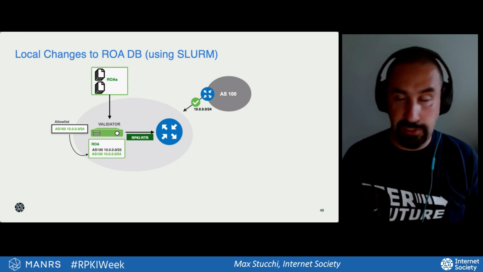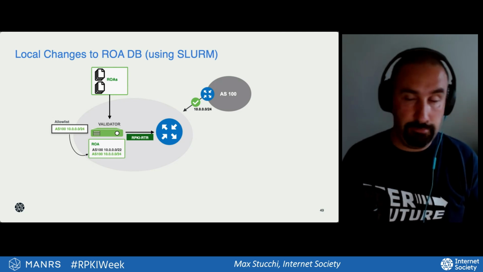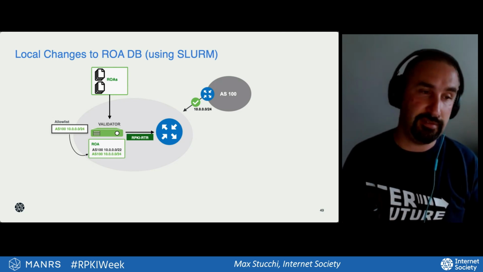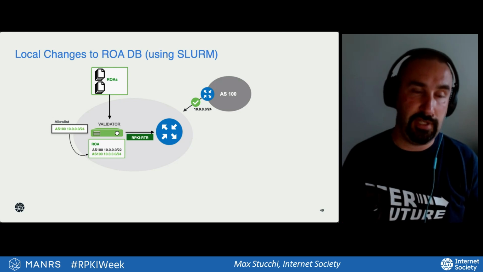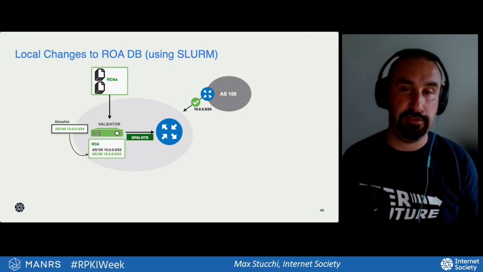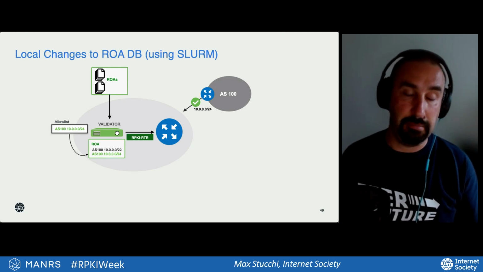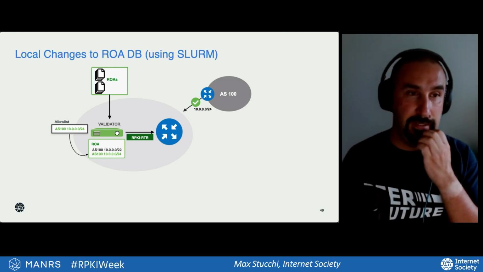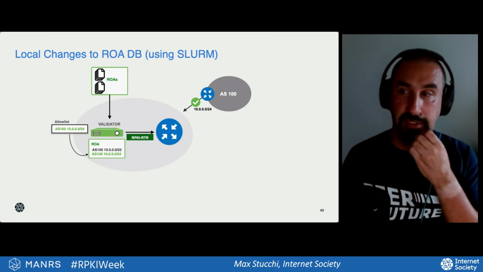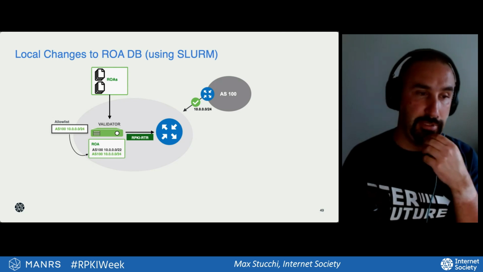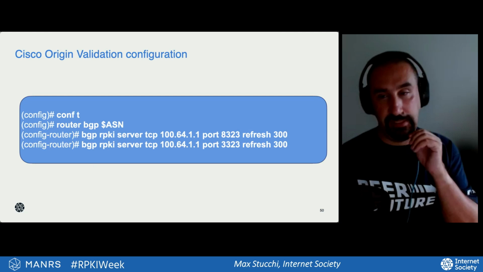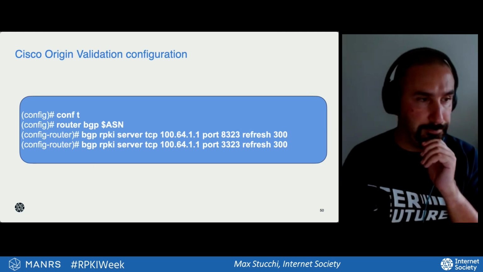So create the exception, but put it in your calendar to recheck it in a few days, because then you can clear it if it has been corrected, or you can send a reminder email to the network operator on the other side to say, hey, fix this issue, because otherwise my users will not be happy. So here's how we set up origin validation, an example.